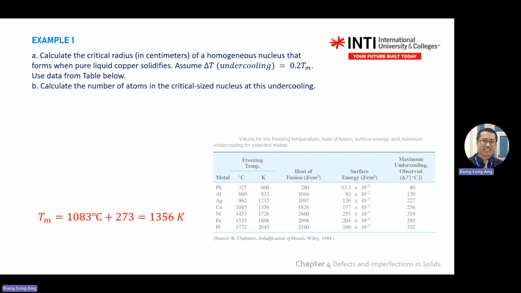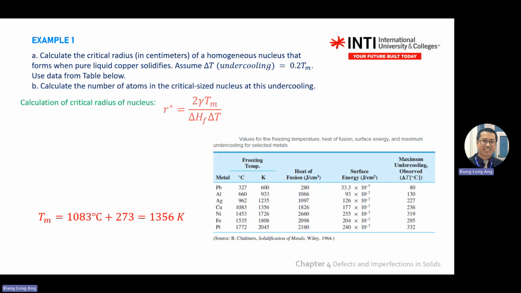Okay, so by using this table, you do the calculation. All right. So what is the critical radius? Calculate. No calculator? You have a handphone.